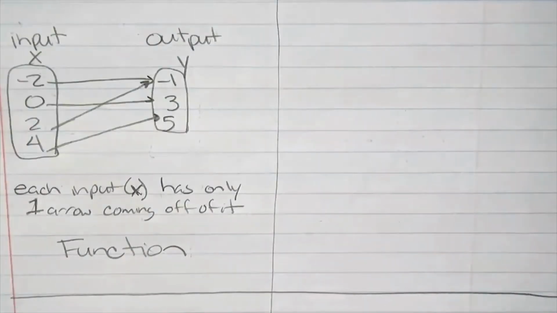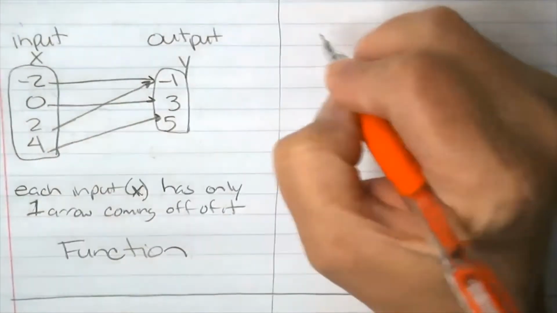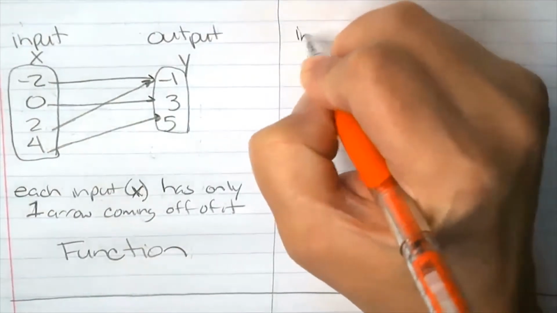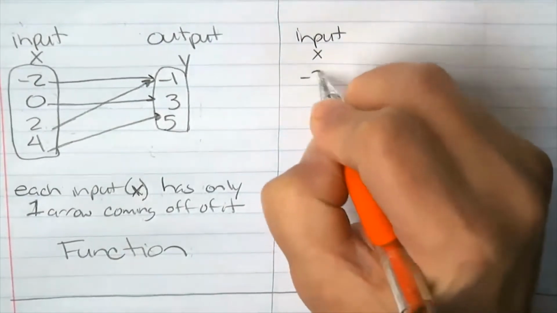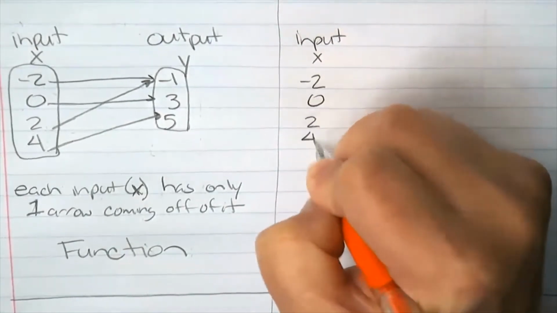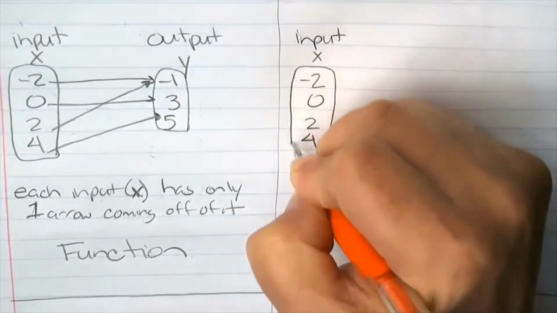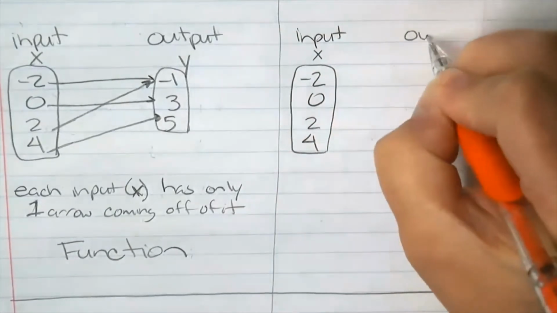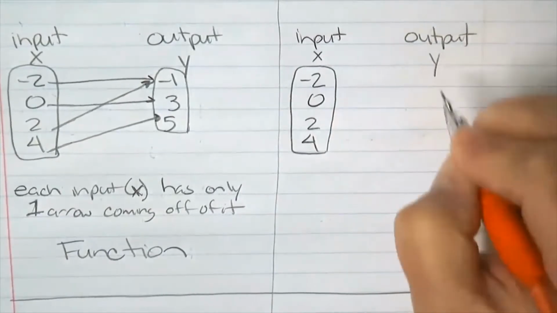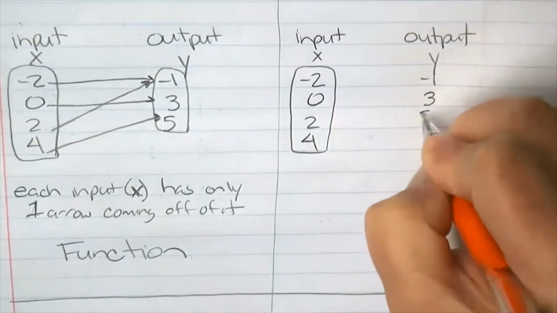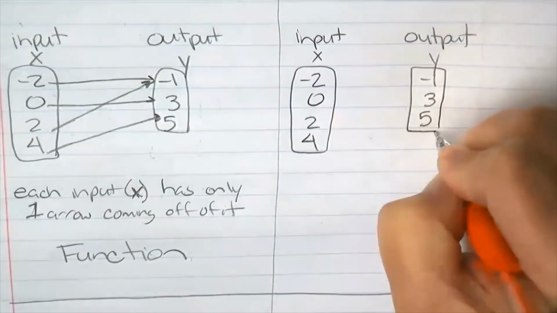Okay, let's talk about what not a function looks like. So we still have our input, which is x, -2, 0, 2, 4. We still have our output, which is y, -1, 3, and 5.